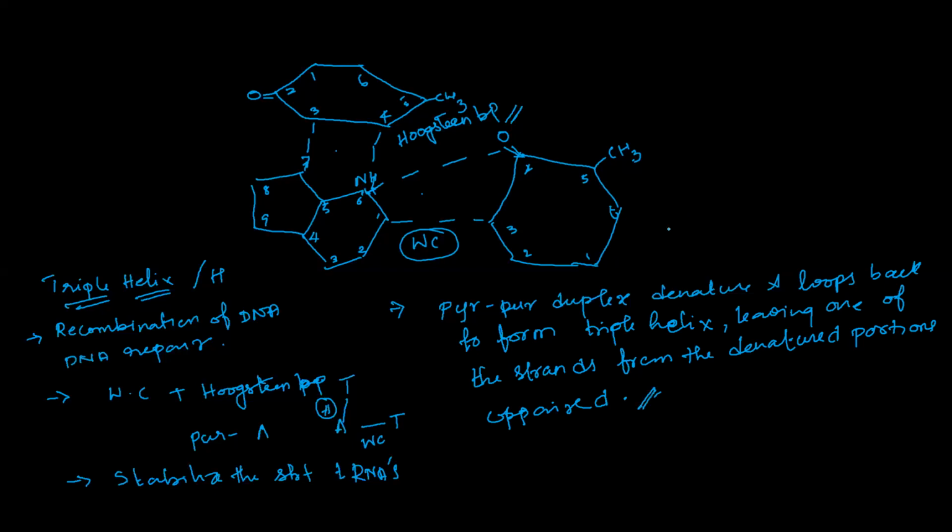Okay, so what actually happens, let me just draw it here. You have the 5 prime and you have this 3 prime. So there will be an unwinding occurring. Then you have a base coming apart from the other strand.